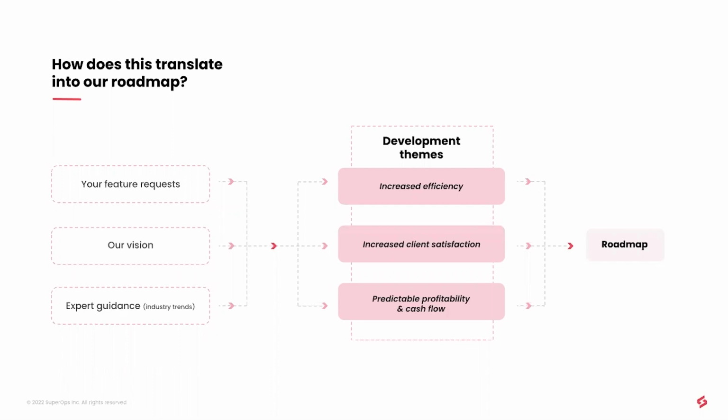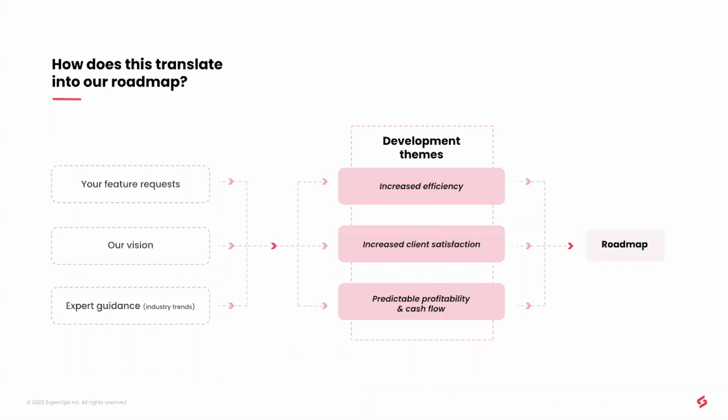Let me give you an example of how this works. Let's say that one of our product managers thinks about a feature that he or she wants to build. Now, this person aligns the feature that they want to build with one of these three themes. The feature will be built only if it increases your efficiency, or if it increases your client satisfaction, or if it helps you reach predictable profitability and cash flow.